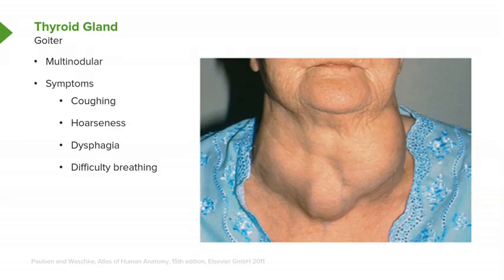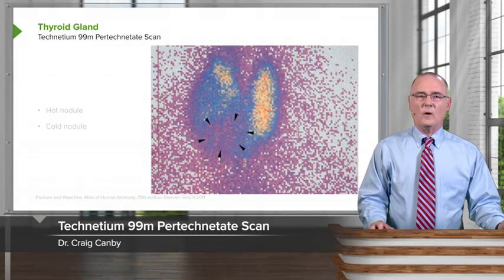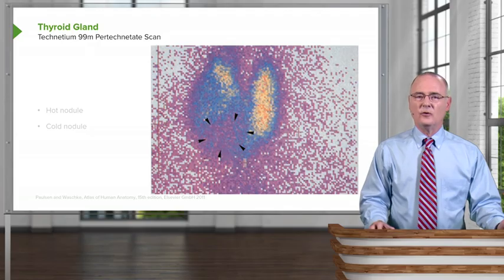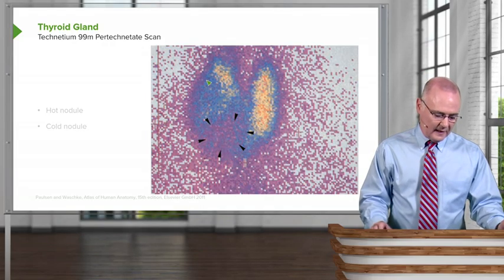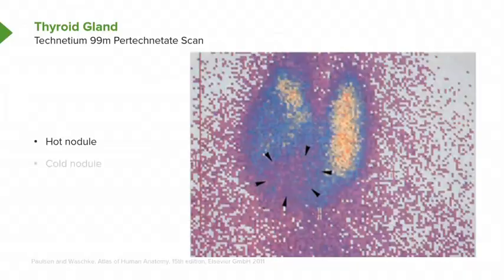A very common procedure to demonstrate whether nodules are functional or non-functional is to utilize a technetium 99m pertechnetate scan. And we see here in the image the results of such a scan. Hot nodules are going to show up in this kind of coloration that we see here.